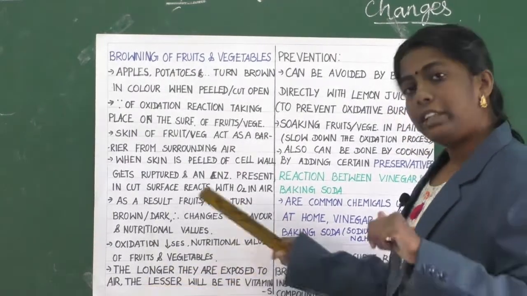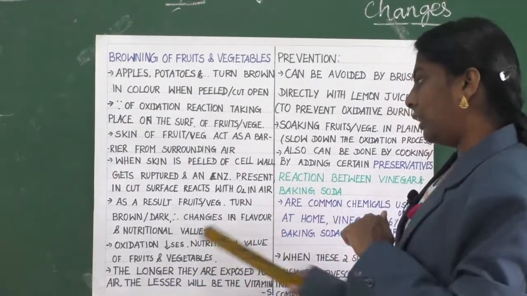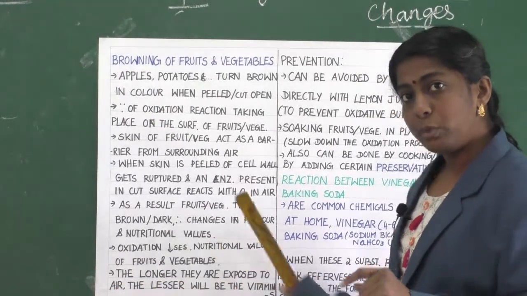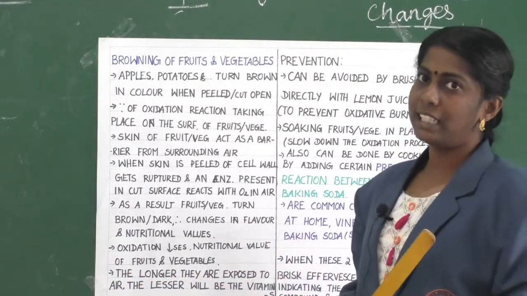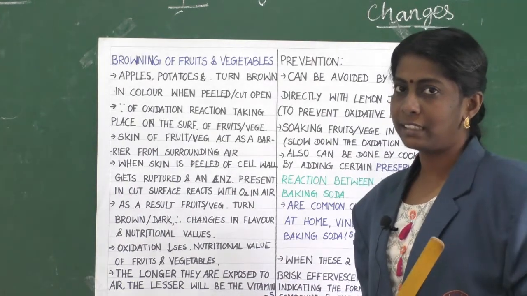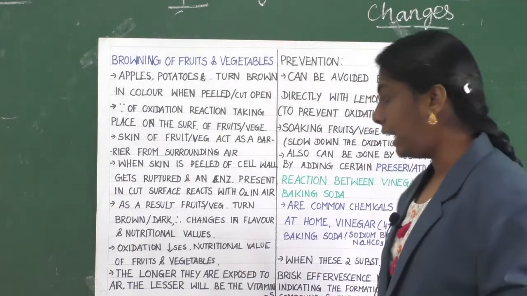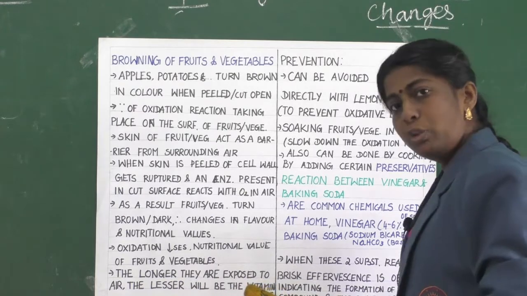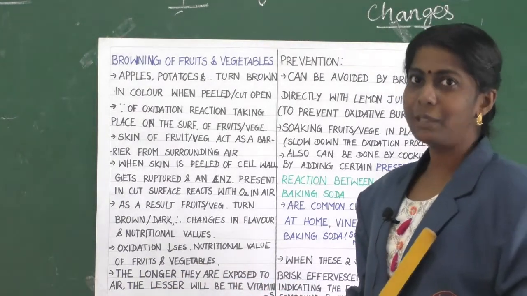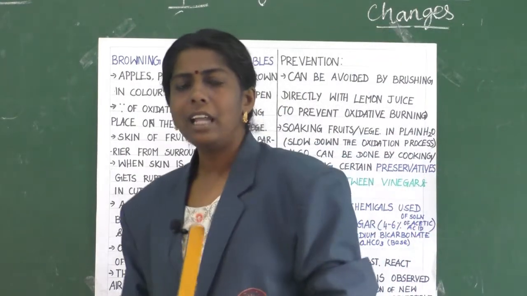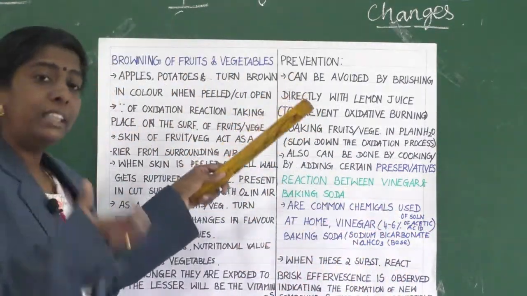The longer they are exposed to air, the lesser will be the vitamins. Children, I repeat once again, the longer they are exposed to air, the lesser will be the vitamins. Clear? Yes.